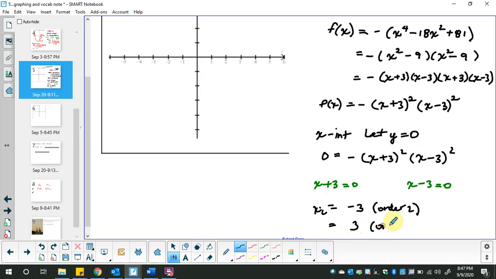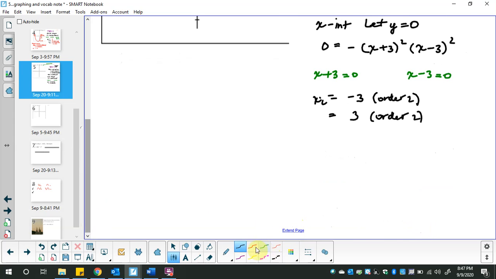This one is also in order 2, because it happened twice. That means that you have a double root at x equals -3 and x equals 3.